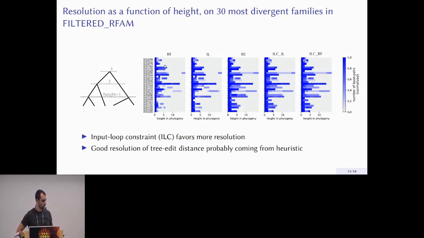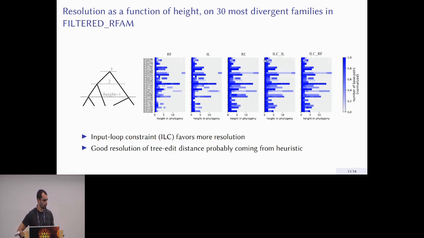So the least resolved technique is the small parsimony under the RF distance, the unconstrained RF distance, as we expected. Then taking the IL distance gives us a little bit better resolution. The tree edit distance gives us even better resolution, but that might be a choice of the heuristic we use for that.